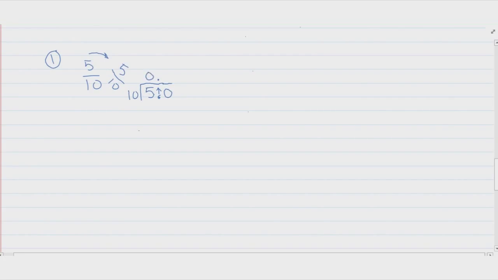No, so we can put a 0. Can 10 go into 50? Yes. And 5 times 10 is 50, so you put a 5 here. And you get 50, and you subtract, and you get 0, and you're done. So 5 tenths, or 5 over 10, equals 0.5. And you're done. And you can use this method to change any fractions to a decimal.